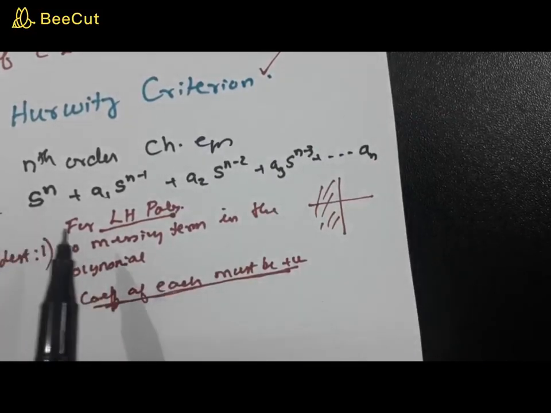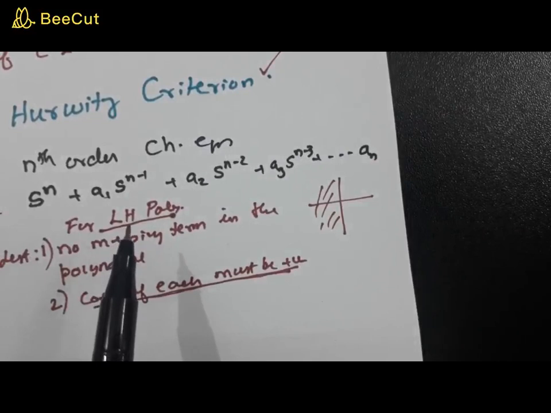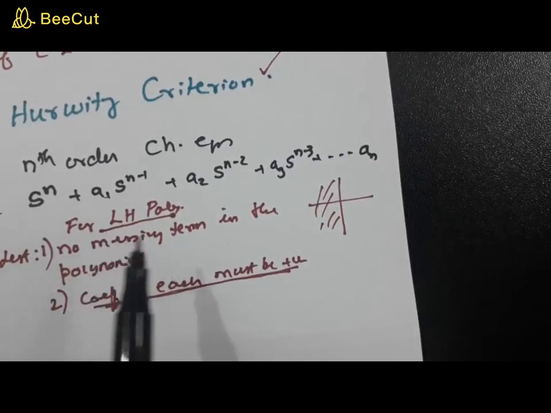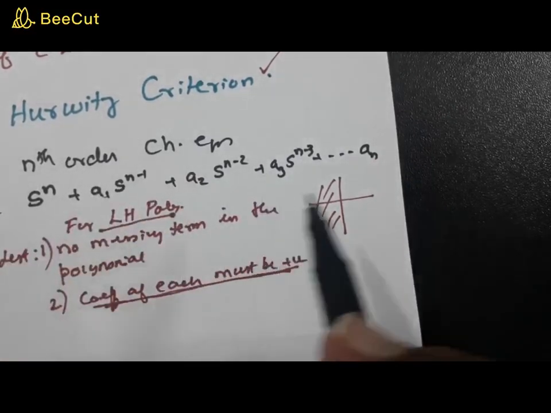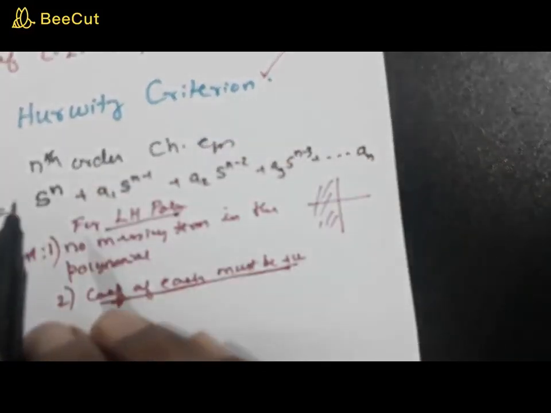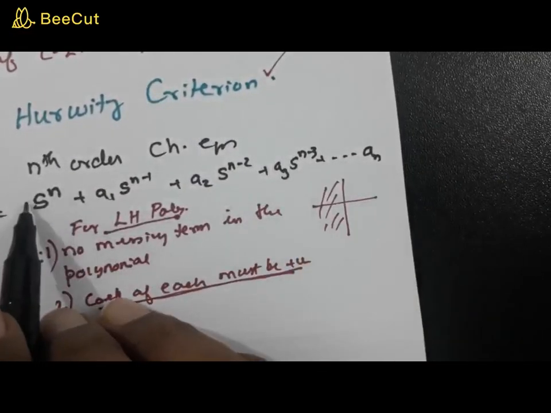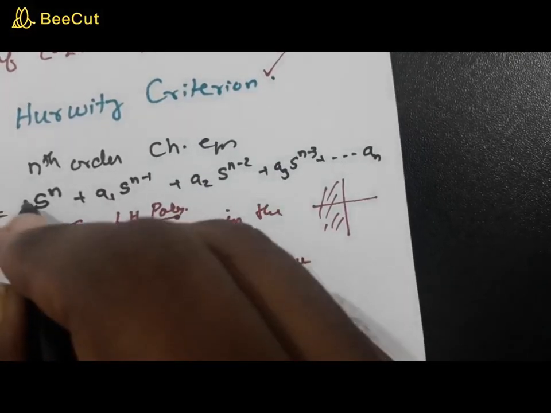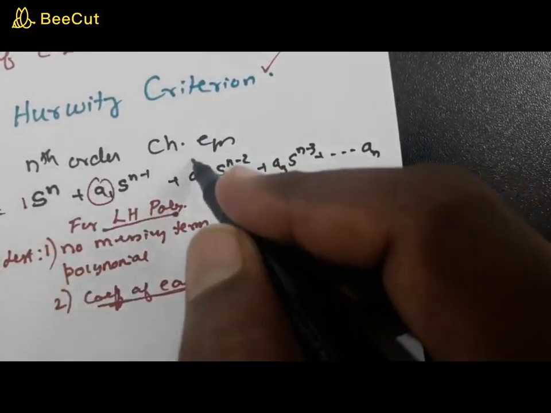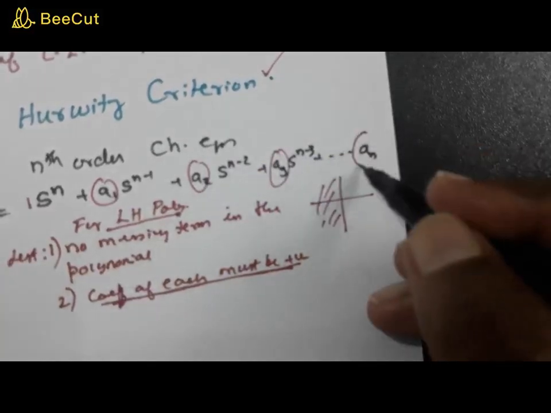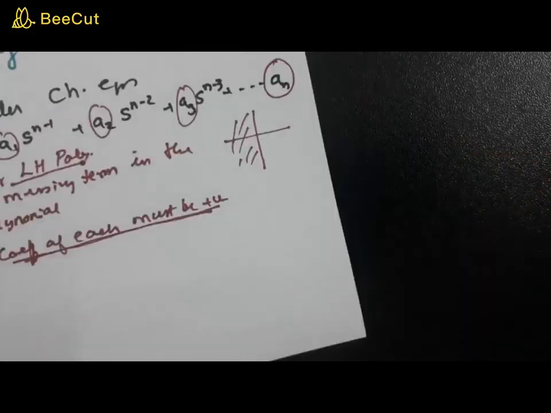For all the poles to reside on the left half, 2 points are important. One is there should not be any missing terms in between the polynomial. Another is all the coefficients, that is 1, a1, a2, a3 up to an, are to be positive.